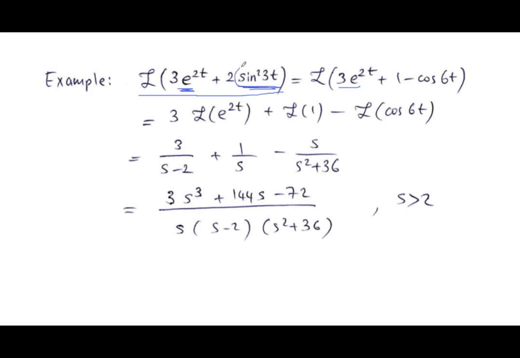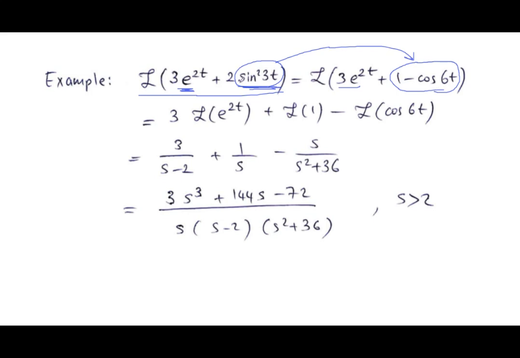But notice here we have a sine square. Instead of evaluating the Laplace transform of sine square, we can substitute this with 1 minus cosine 6t. Because we already know what is the Laplace transform of a cosine function.